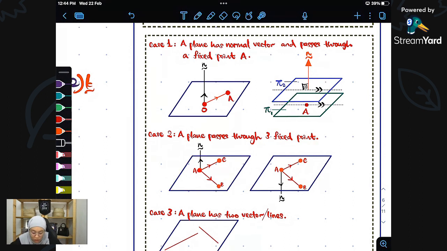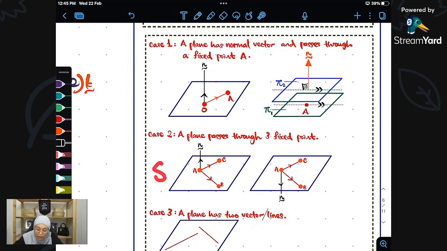Okay, so on this plane, the plane passes through the 3 fixed points. So you jangan takut, 3 fixed points is sort of like this, and you are very familiar with this. And when it's perpendicular to something, it means we have a normal vector. So this normal vector is perpendicular to both vectors on the plane, you know.